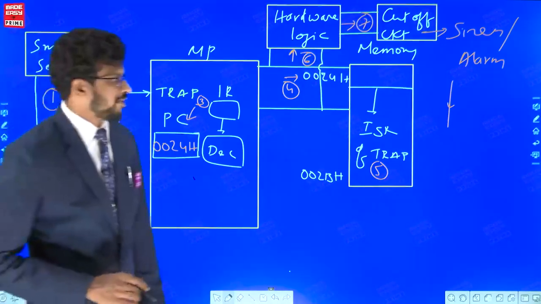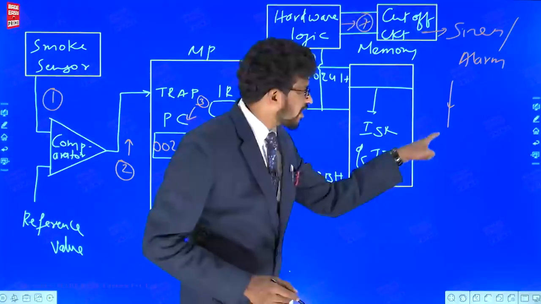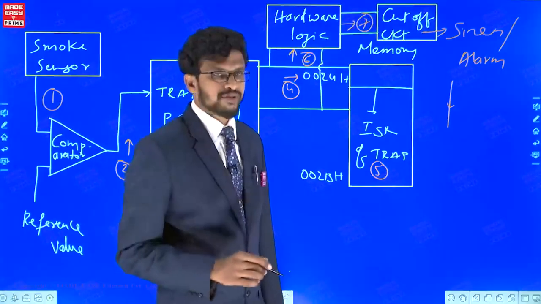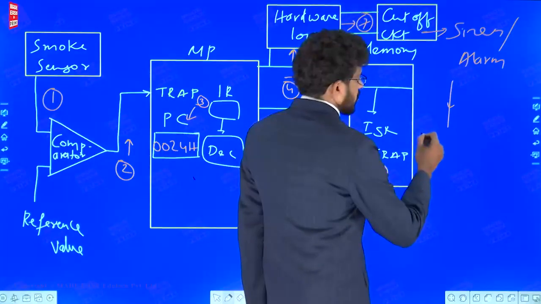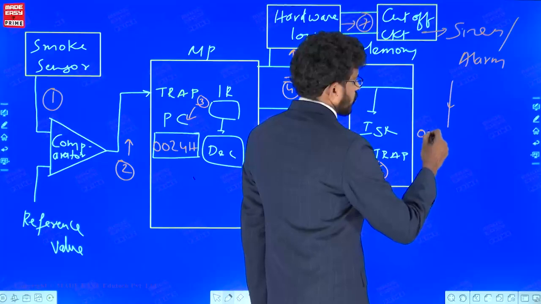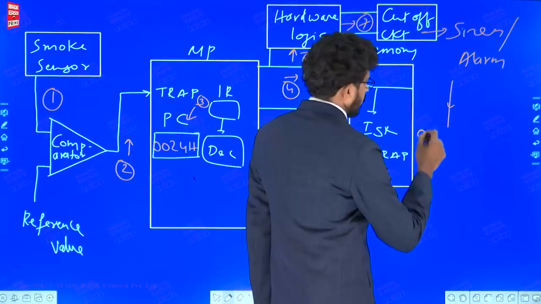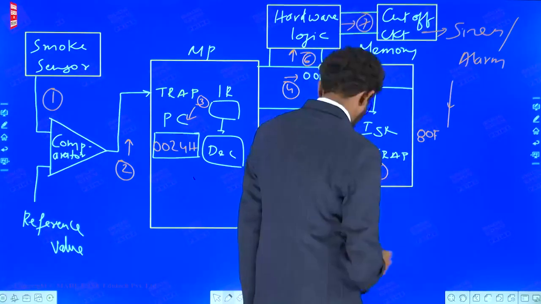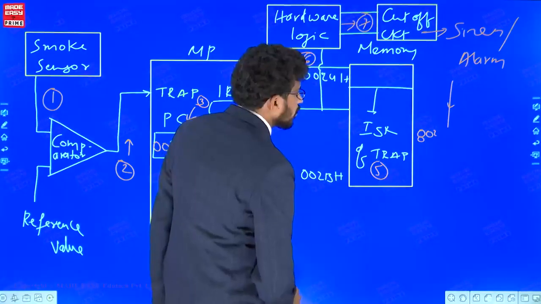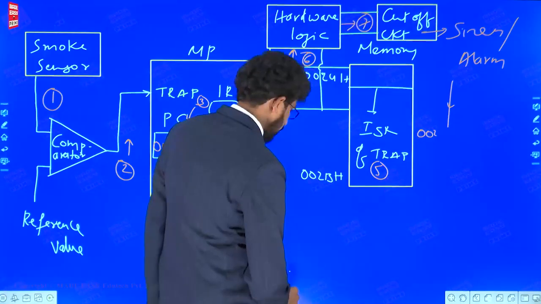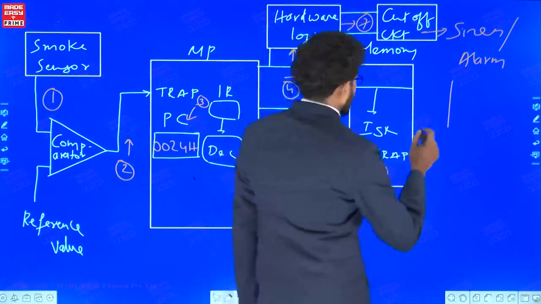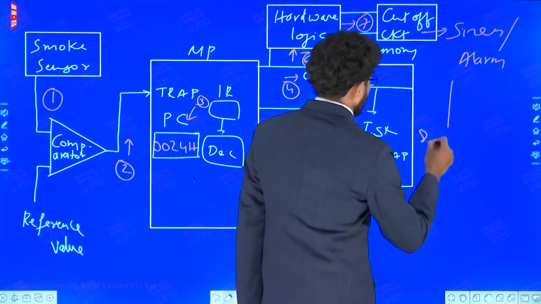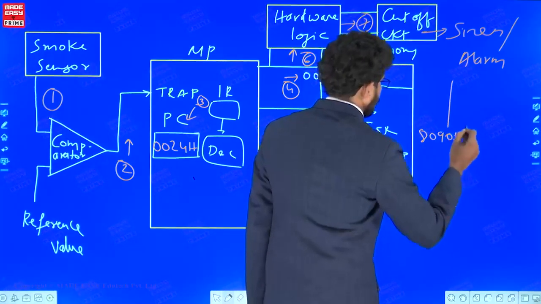Now observe carefully. For example, let us say the processor is running some program. Say it is executing some instruction at address 8090.